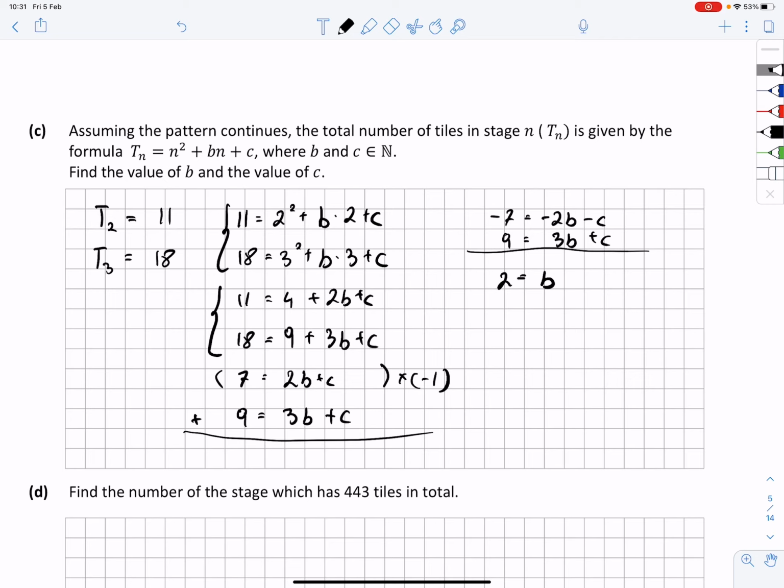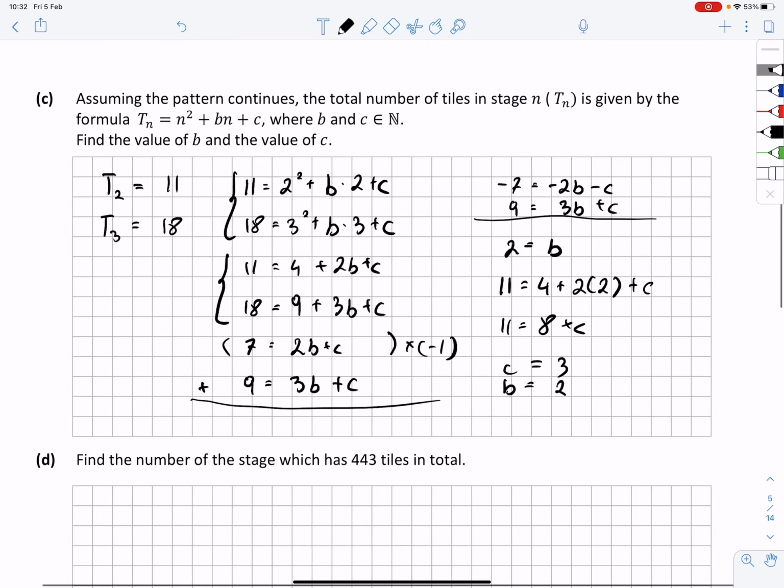And substituting this quantity back into one of my original equations, let's go over here. 11 equals 4 plus 2 times 2 plus c. So simplify, 11 equals 8 plus c. And from here I'm getting that c equals 3 and b equals 2. And that completes the solution for this part of the question.